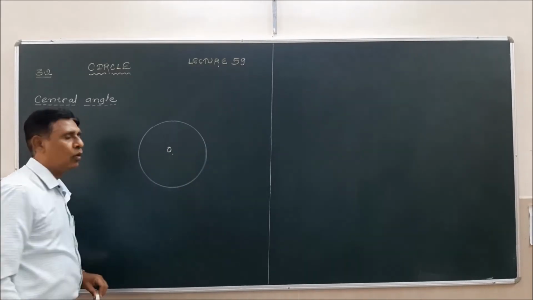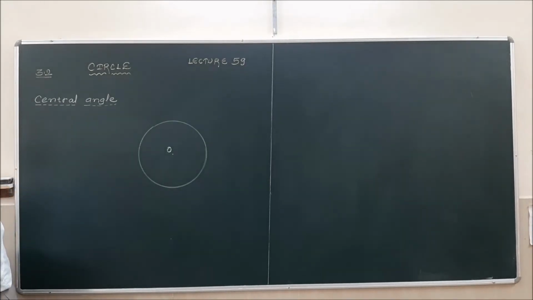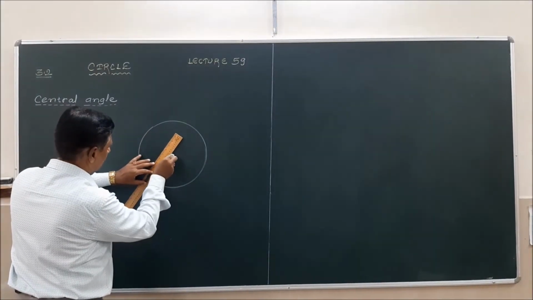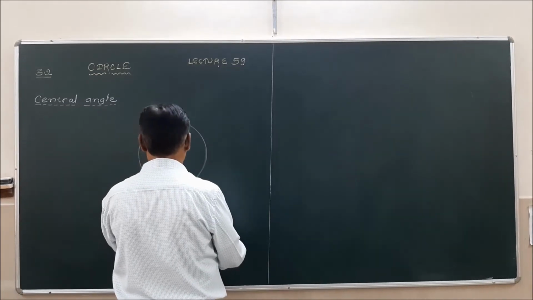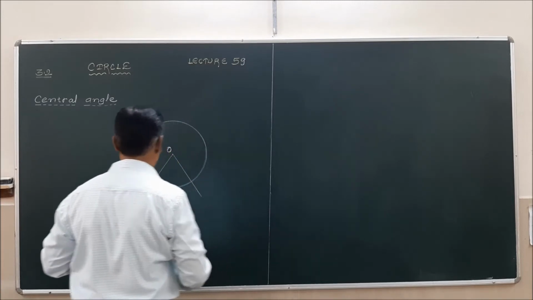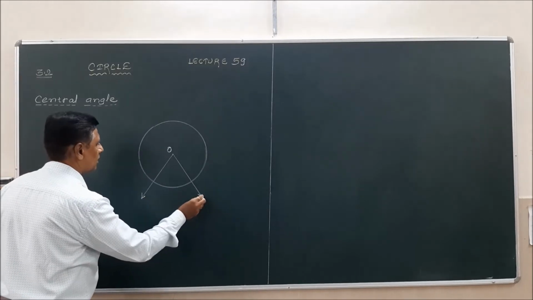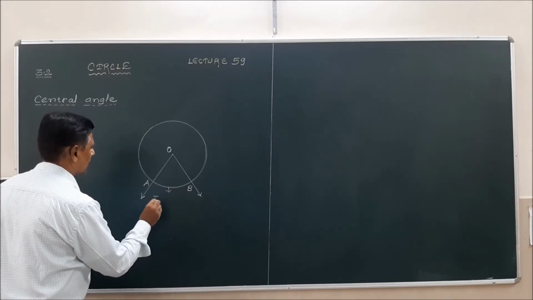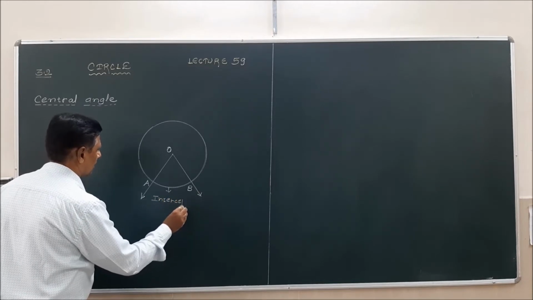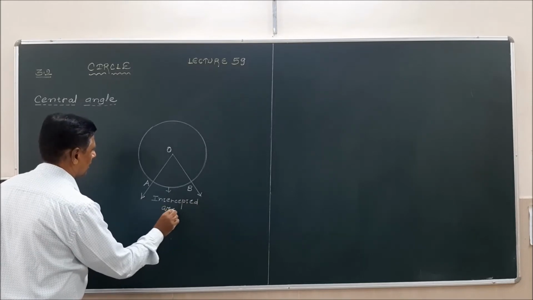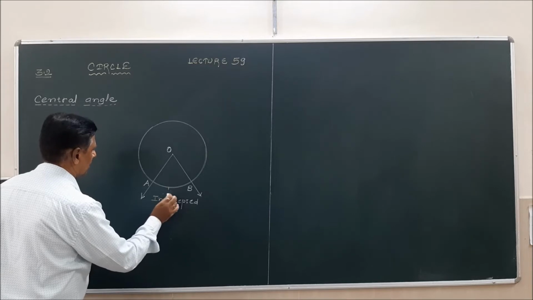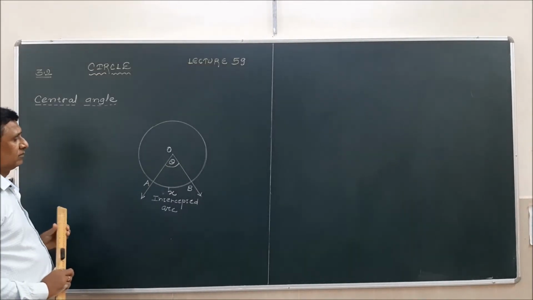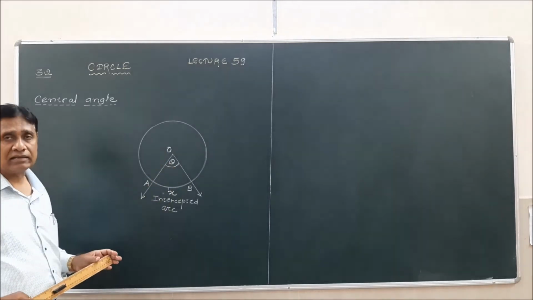If I take O as the center of the circle, now you will notice a very important thing: angle AOB is called the central angle.